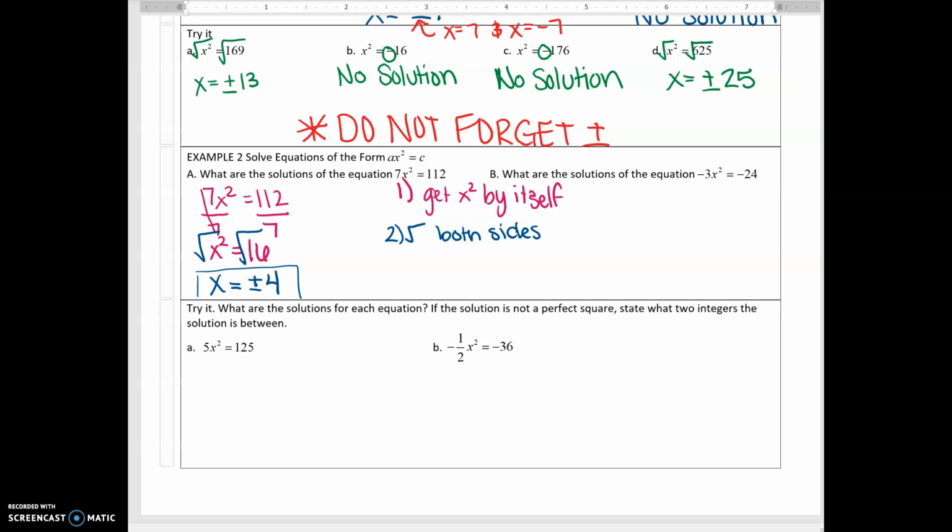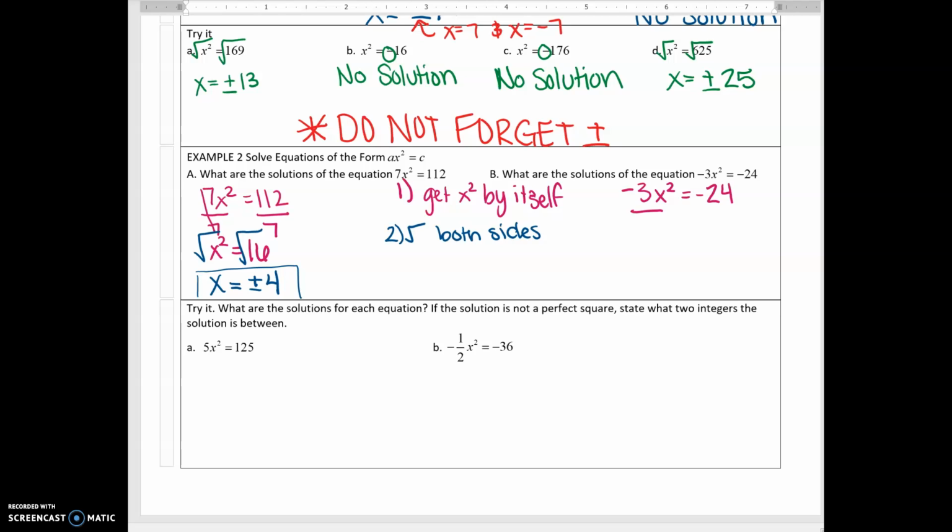Okay, so now going back to this next one. What are the solutions of the equation negative 3x squared equals negative 24? So up here we said, oh, there's a negative, there's no solution. Well, you have to first get x squared by itself before you determine that. So we need to take this right here and get x squared by itself.